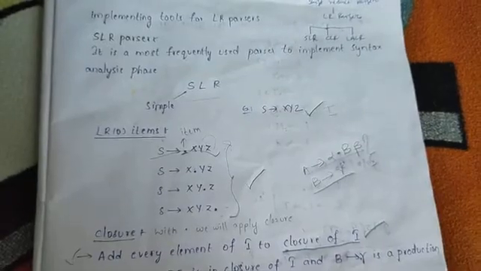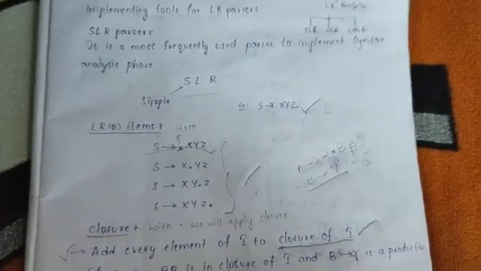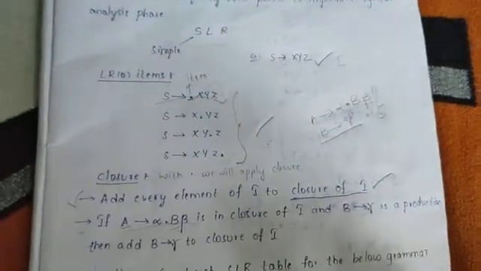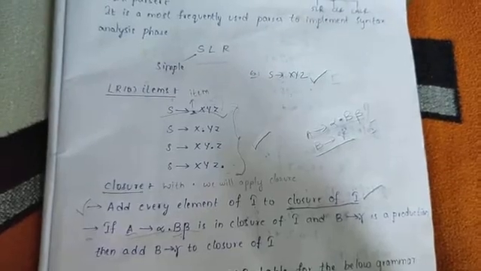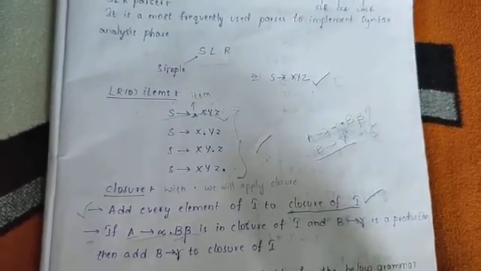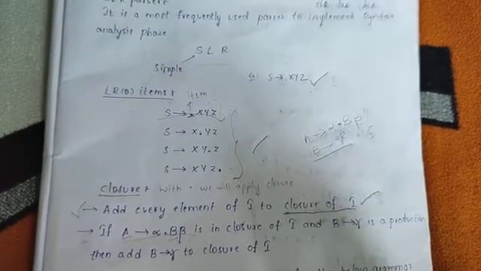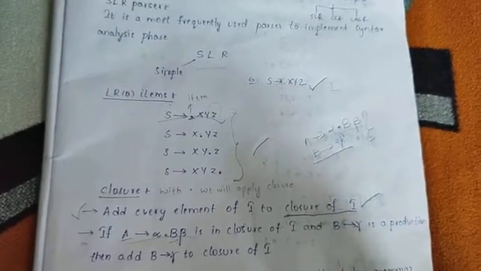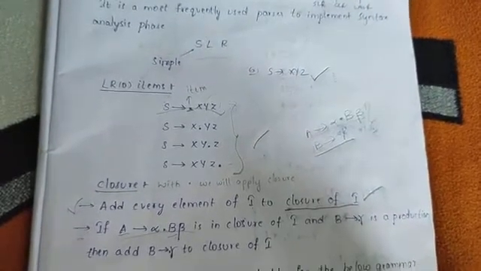First of all, we will go into SLR, that means simple LR parsers. Here we first use LR(0) items. For each production, I place a dot before the production body, and it moves one element at a time until it reaches the last element in the given grammar. That is the first thing.